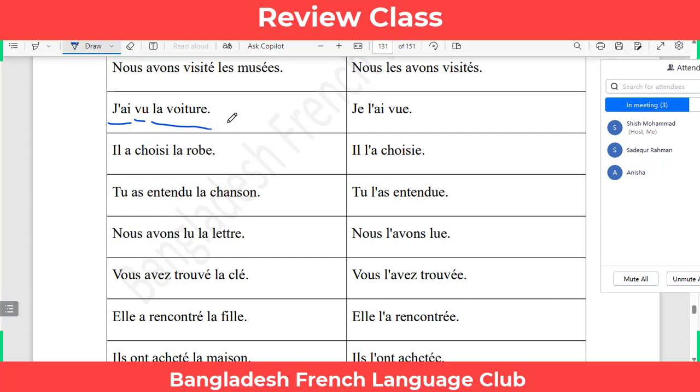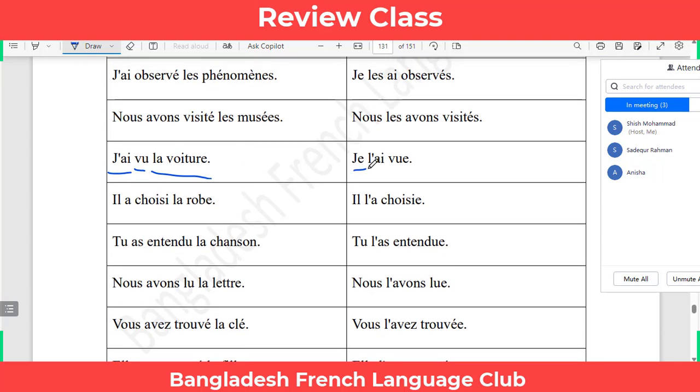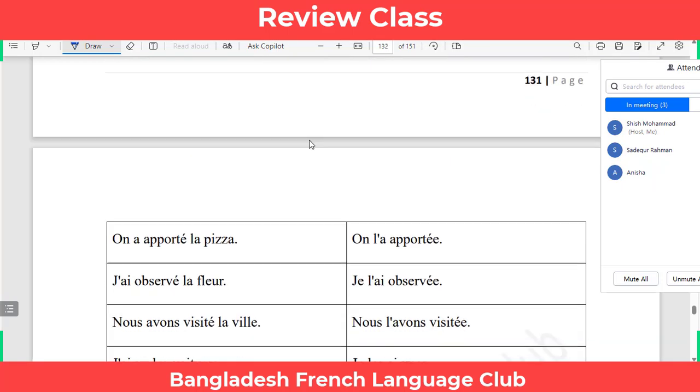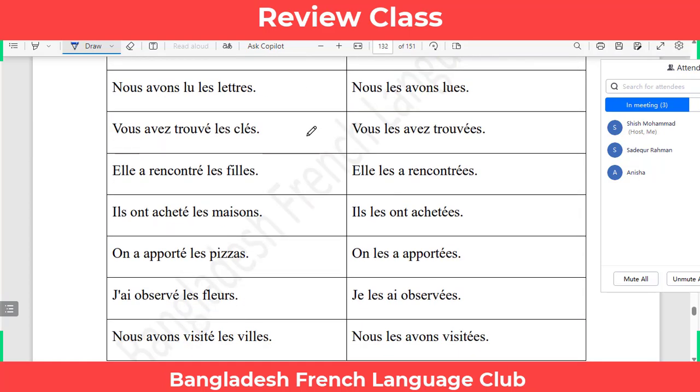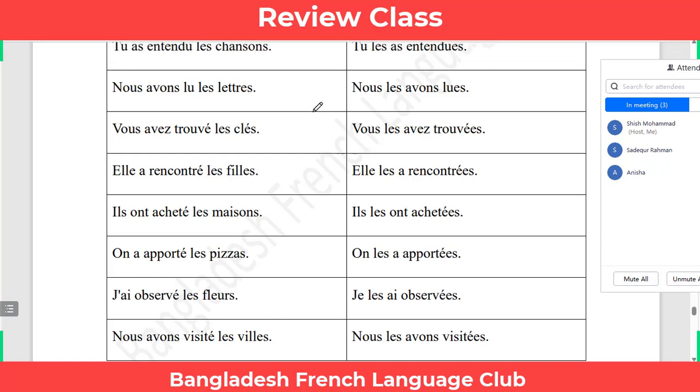La voiture is feminine singular, that is why je l'ai vue. So with vu we see an extra e, just for this direct object pronoun, as it is feminine singular. Okay. So is it clear, mademoiselle? You had the problem with it. It's clear. Okay.